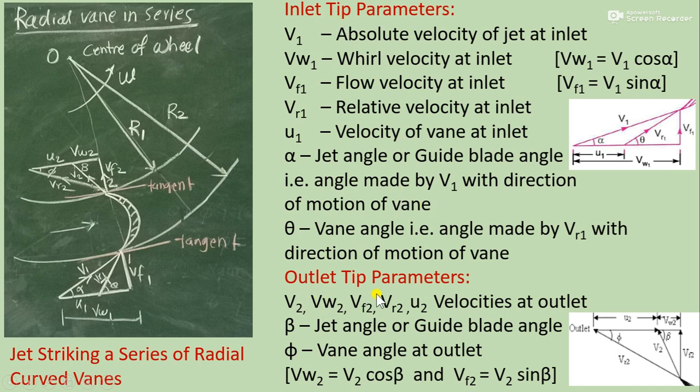Similarly, at outlet, the parameters are V2, VW2, VF2, VR2, U2, which are velocities at outlet, and angle beta is the jet angle, that is the angle made by V2 with the horizontal, and phi is the vane angle, that is the angle made by VR2 with the horizontal.